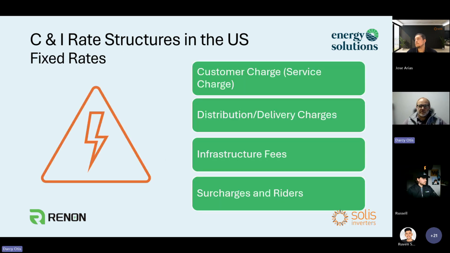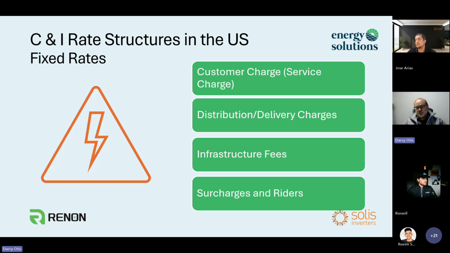Fixed charges could be a customer service charge, just a flat fee for the service. Could be distribution and delivery charges, depending on the market and utility. Could be an infrastructure fee. Maybe there's certain infrastructure that's paid for by the utility to support a particular site, or an upgrade in infrastructure that the utility is charging back for.